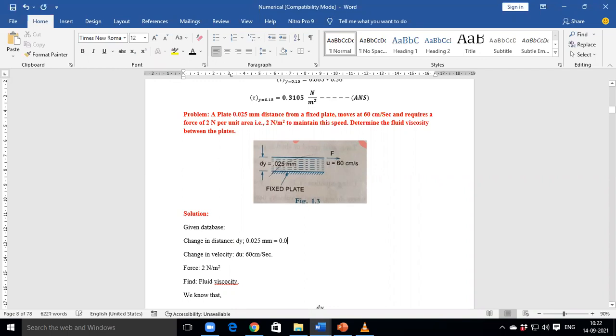No, sir. Which conversion is required? Lalit, we require conversion from mm to which unit? Meter, correct. So what will be the conversion factor?